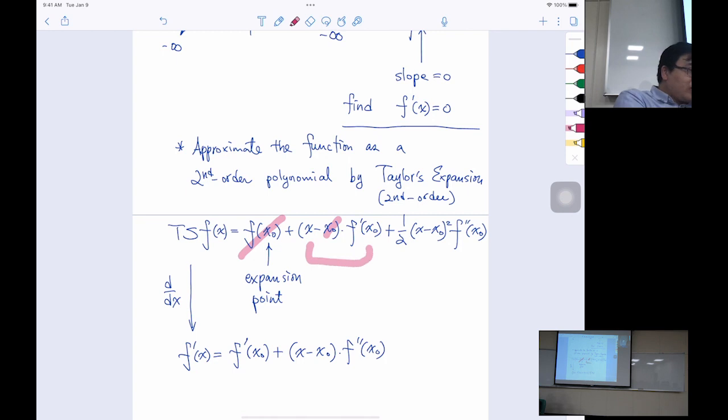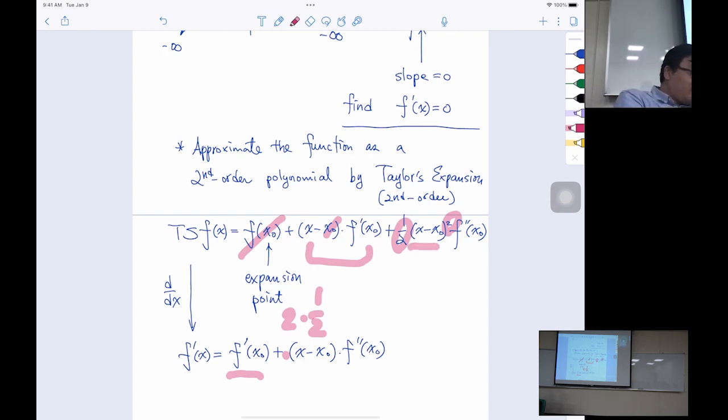But this part is like a coefficient times x, so if you take a derivative, what's left is the coefficient. And over here, you have 2 times 1/2, so the coefficient is 1 at the end.